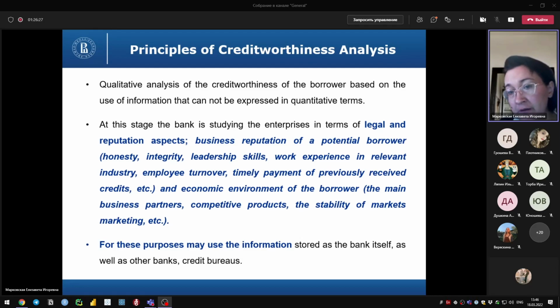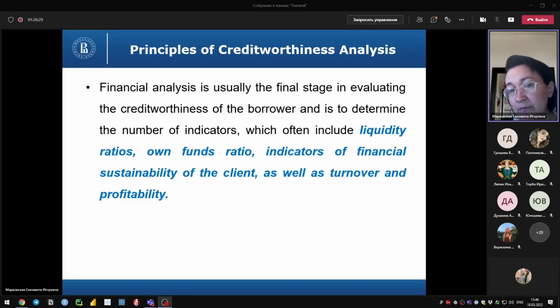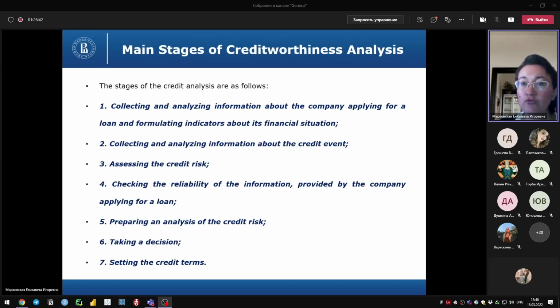And the financial analysis implies that we have to calculate some ratios. As a rule, it's liquidity ratios, indicators of financial sustainability, turnover, profitability ratios. So all the ratios we have mentioned above.